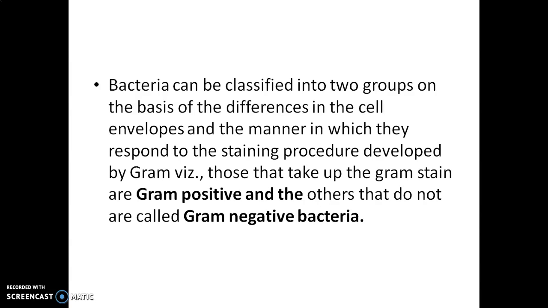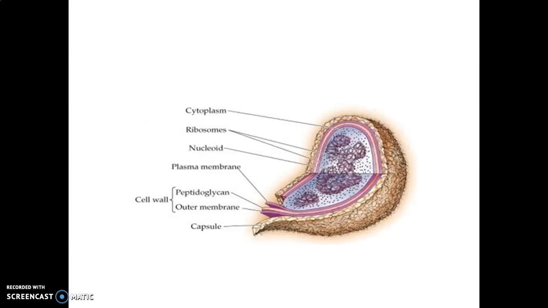So according to the manner in which they respond to the staining, we can divide the bacteria into two: gram-positive and gram-negative bacteria. Those bacteria that take up gram stain are called gram-positive bacteria, and the others that do not take up the gram stain are called gram-negative bacteria.